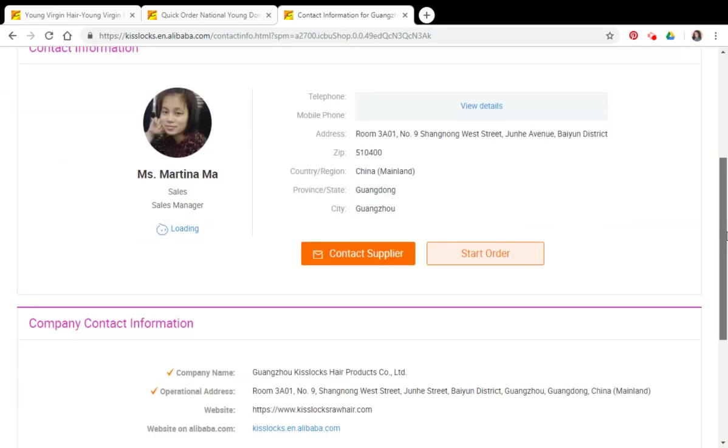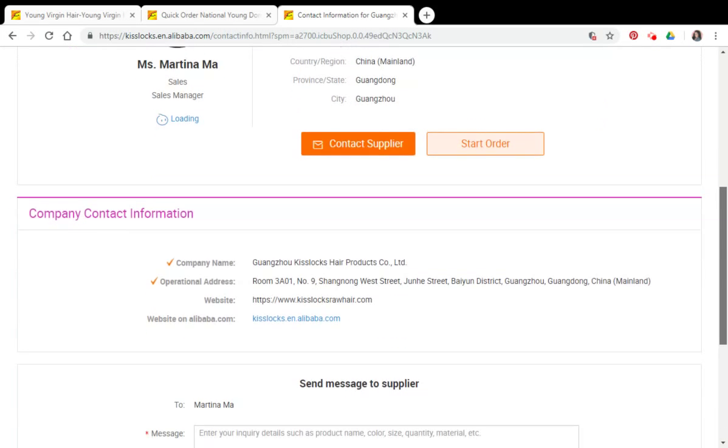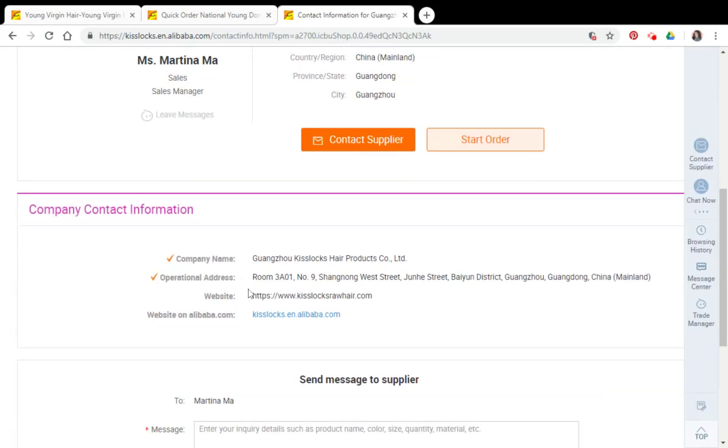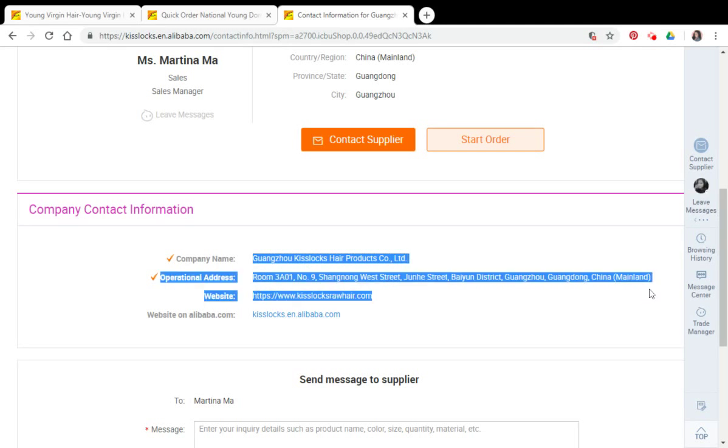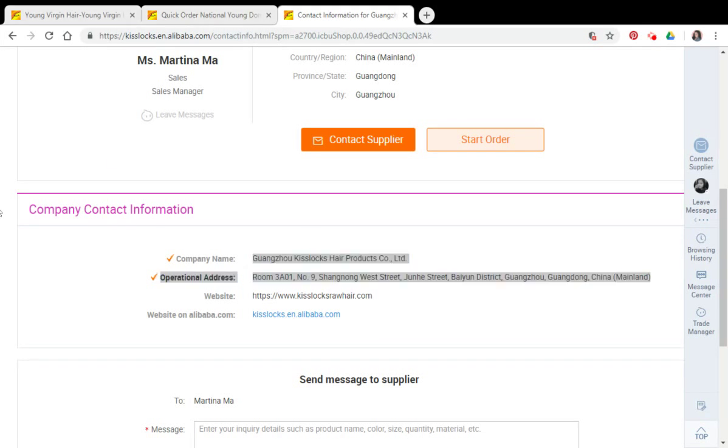Let's see. What you could also do, if you like the vendor, like I said, you just copy and put it over to the side so you can keep track of all your vendors.